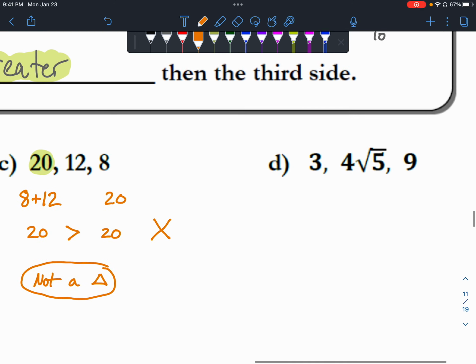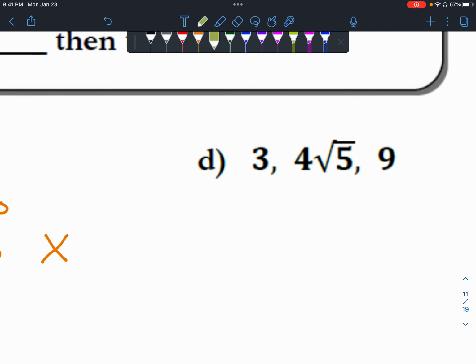And last but not least, let's check out this last one. First of all, if I add the two smaller sides, do I get a value that is larger than the third side?